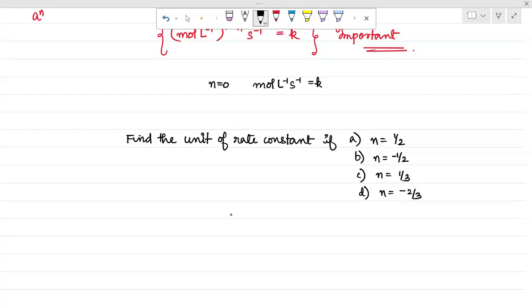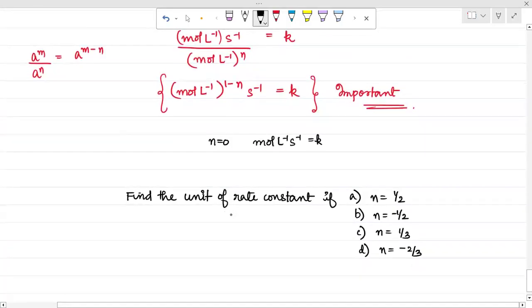Okay, do give it a try. Just substitute the values of n in the general expression. Very easy. And let's meet in the next session. Okay, thank you.